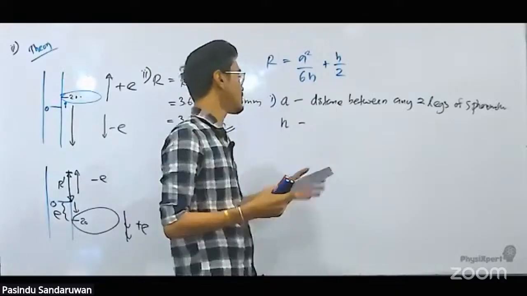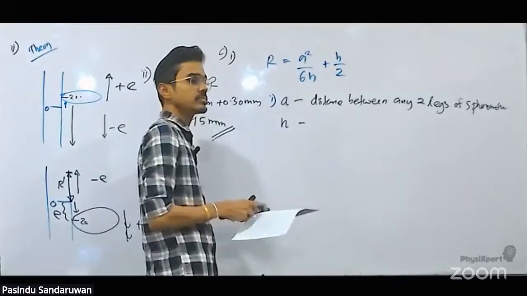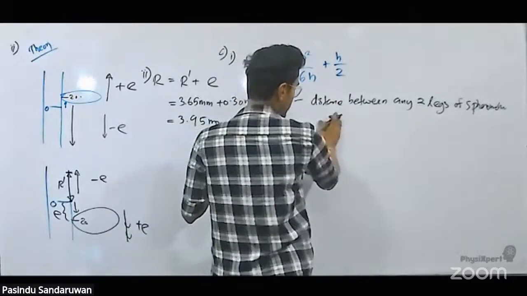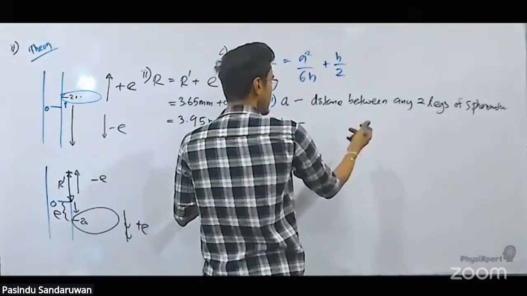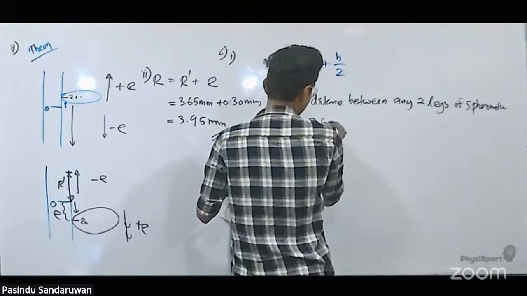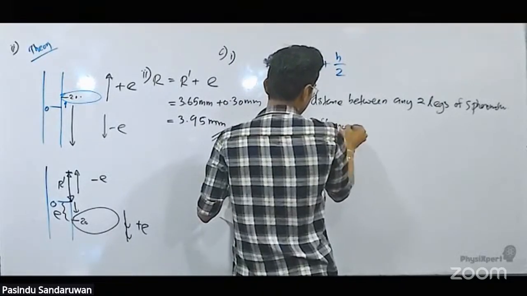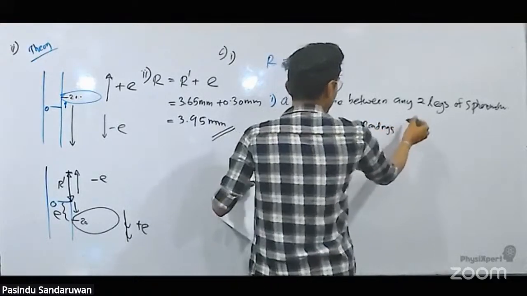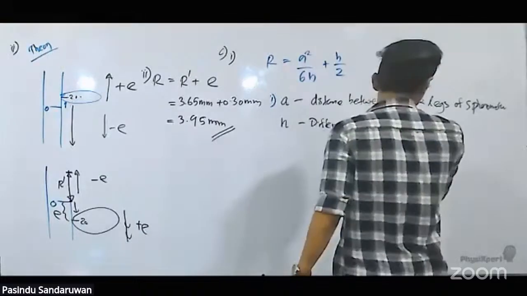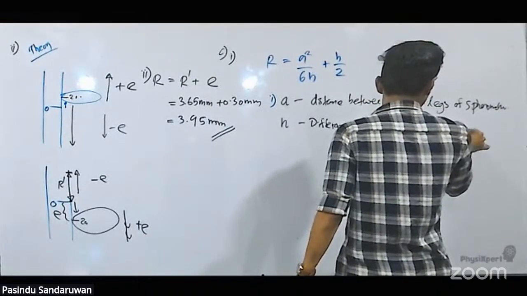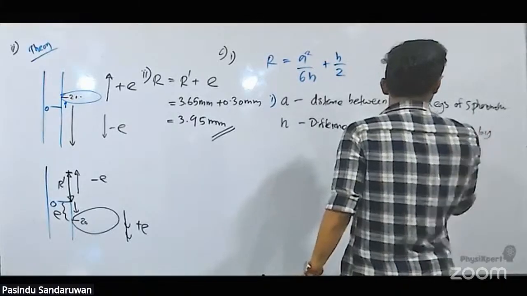H. What about H? H is the difference between readings, or we can say distance traveled by screw tip. Difference in readings, slash distance traveled by screw tip.